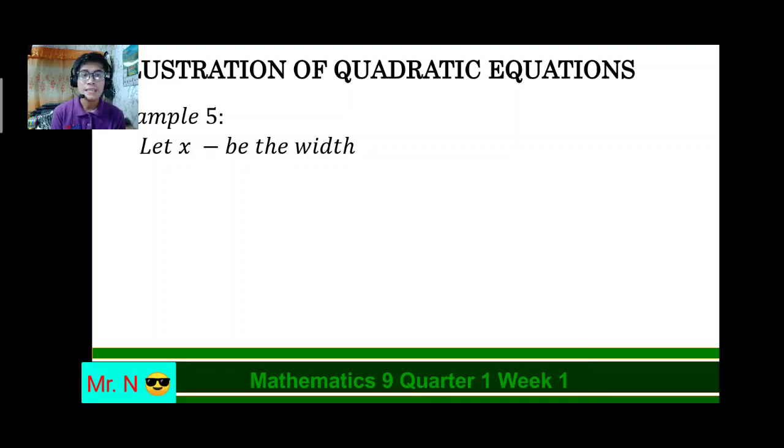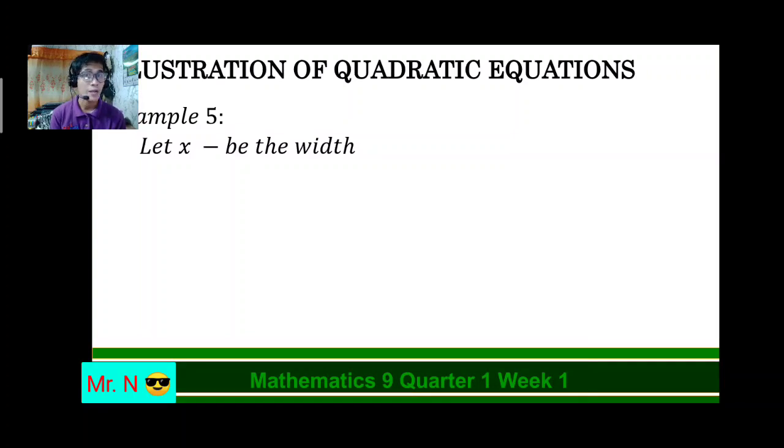So, width will be our basis because the length is 2 feet longer than the width. So, that means, to get the measure of the length, we should add 2 to the width. That is why our basis is the width. So, let x be the width.